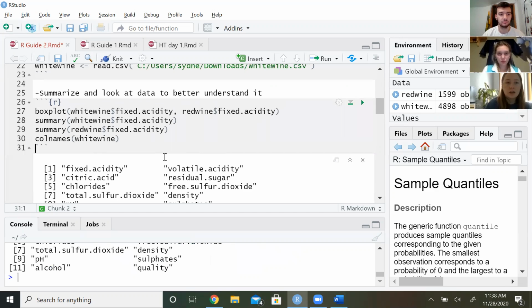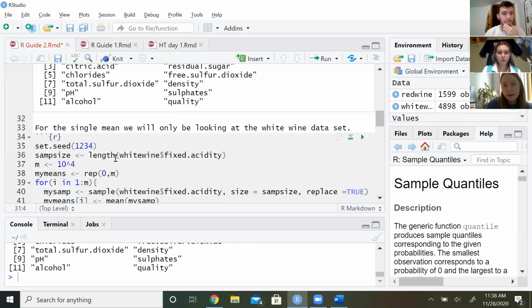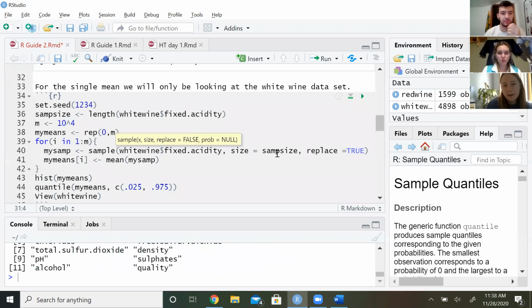And then just to look at the column names that are going to be present in both of the data sets, we have all of these different measurements of the wine, and we chose to look at the fixed acidity, which is measuring tartaric acid in the wines, which is generally produced in fruits like grapes. So that's what we are going to be looking at.